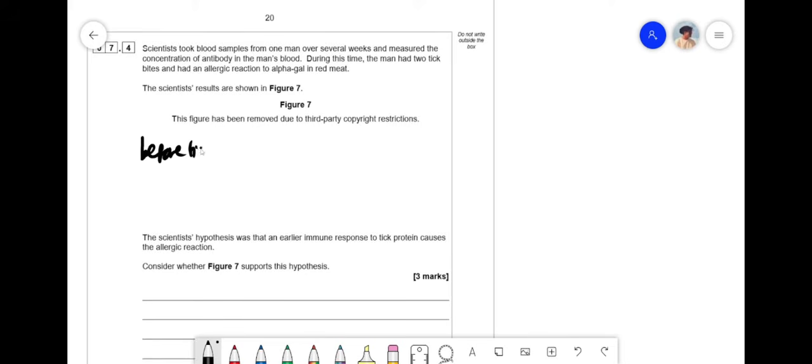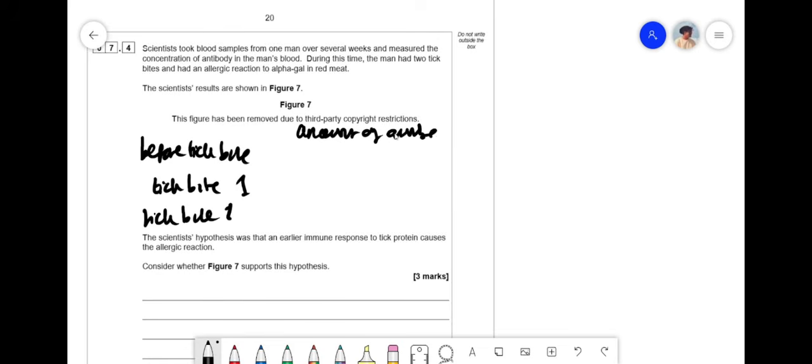So before tick bite 1, tick bite 2, amount of antibody to alpha-gal. So again, I'm making this up really.